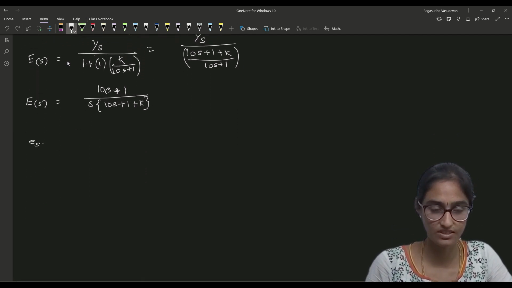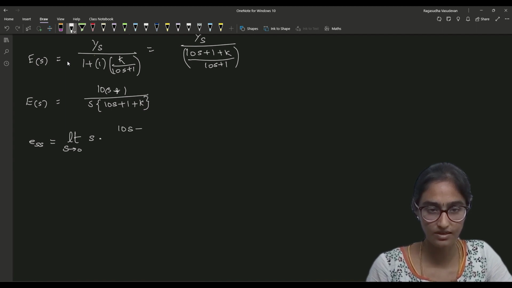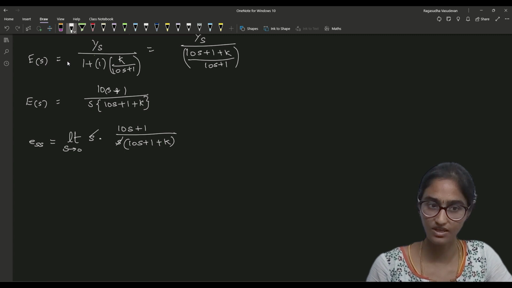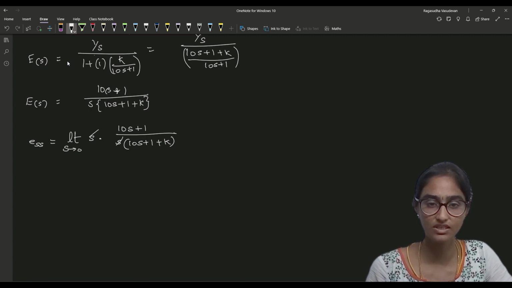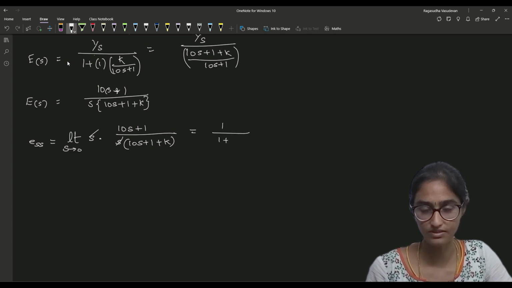The steady state error e_ss is equal to the limit as s tends to 0 of s multiplied by (10s plus 1) divided by s into (10s plus 1 plus k). So these terms cancel, and as s tends to 0, the value of steady state error is equal to 1 divided by 1 plus k.